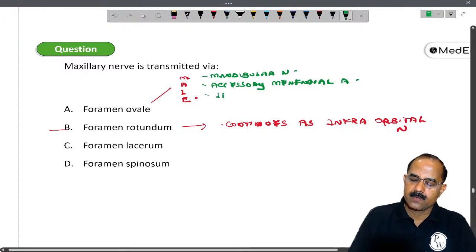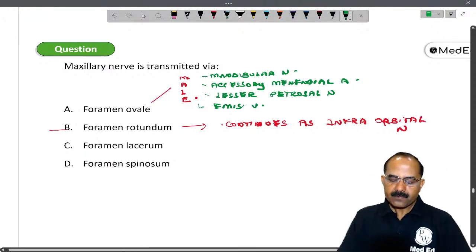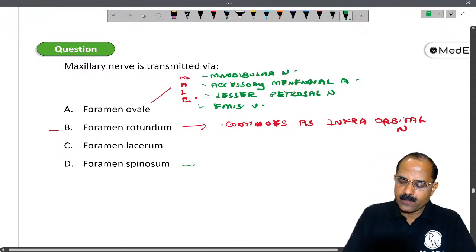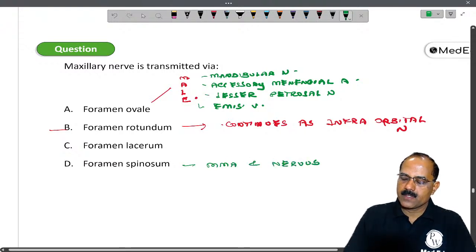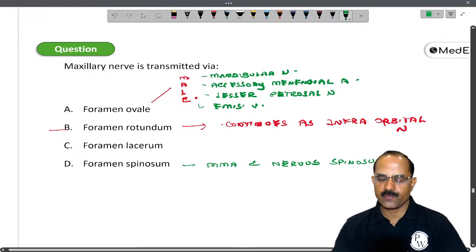L, lesser petrosal nerve, and E, emissary vein. Foramen spinosum से क्या जाता है बोलो? Middle meningeal artery and nervus spinosus pass through foramen spinosum.